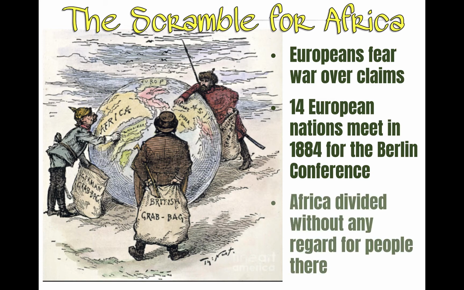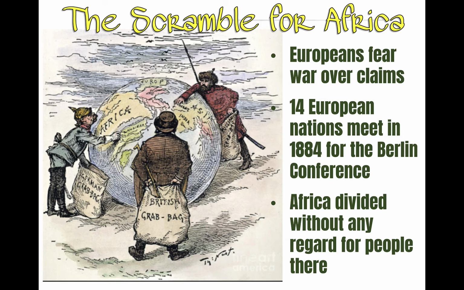And it's at this conference that the 14 European nations divide Africa up without any regard for the people there. As a matter of fact, they say, and it's a quote from there, that they all wanted a piece of this great, magnificent African cake. Okay?